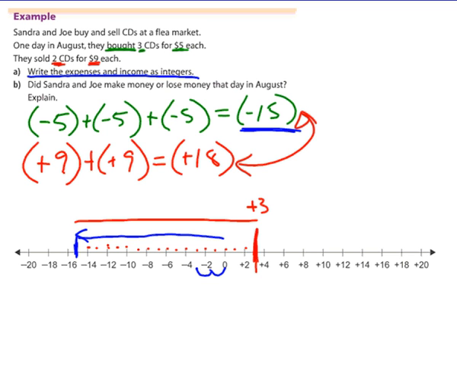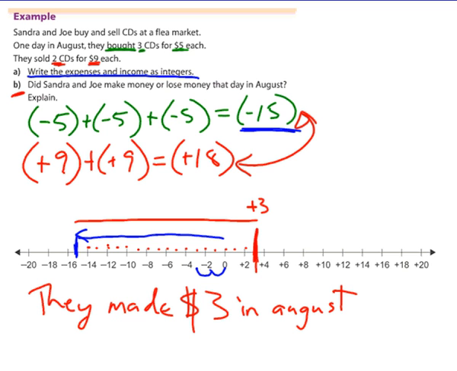So question B is, did Sandra and Joe make or lose money that day in August? So they made $3. You could write it as an integer, but we're talking money, so they really do want to see $3 in August.